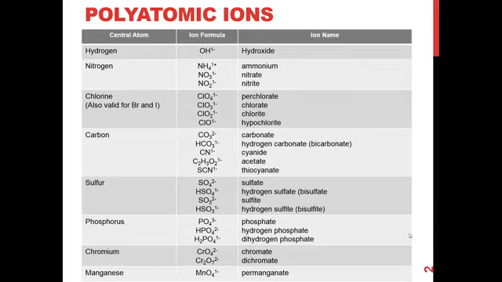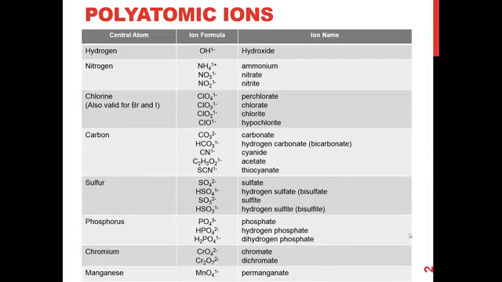You will notice that the nitrate ion and the nitrite ion have the same charge, 1-. However, you will notice that they have different numbers of oxygens. The nitrate ion having more oxygens than the nitrite ion. In this case, nitrate has 3 oxygens, nitrite has 2.